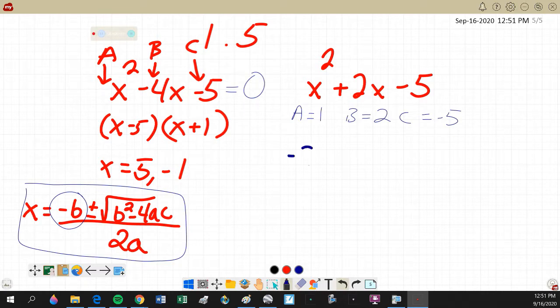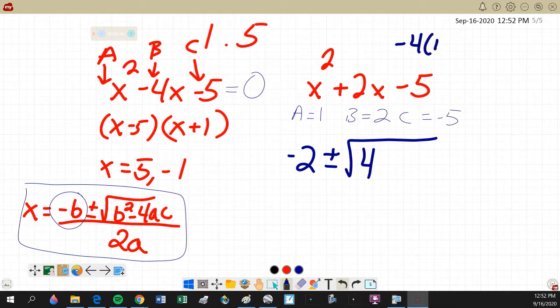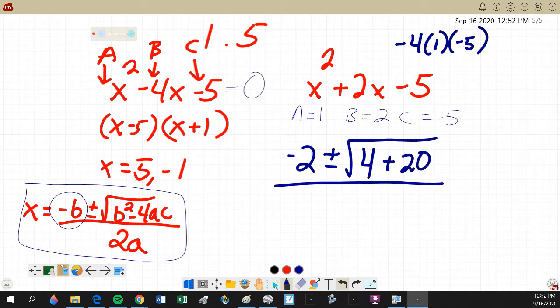So negative 2 plus or minus the square root. What's b squared? 4. And then negative 4 times 1 times negative 5. That is plus 20, over 2.